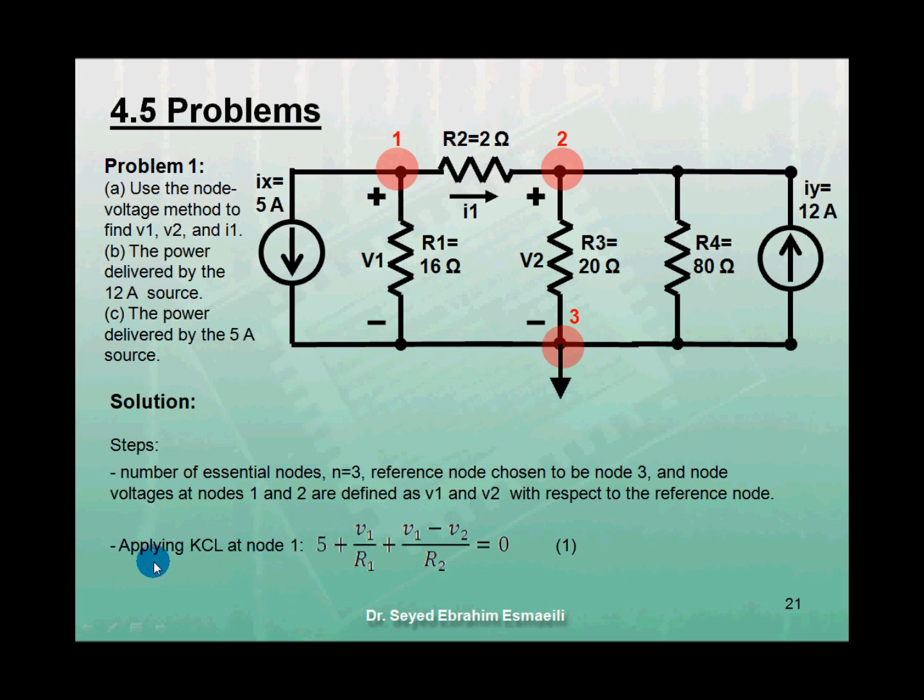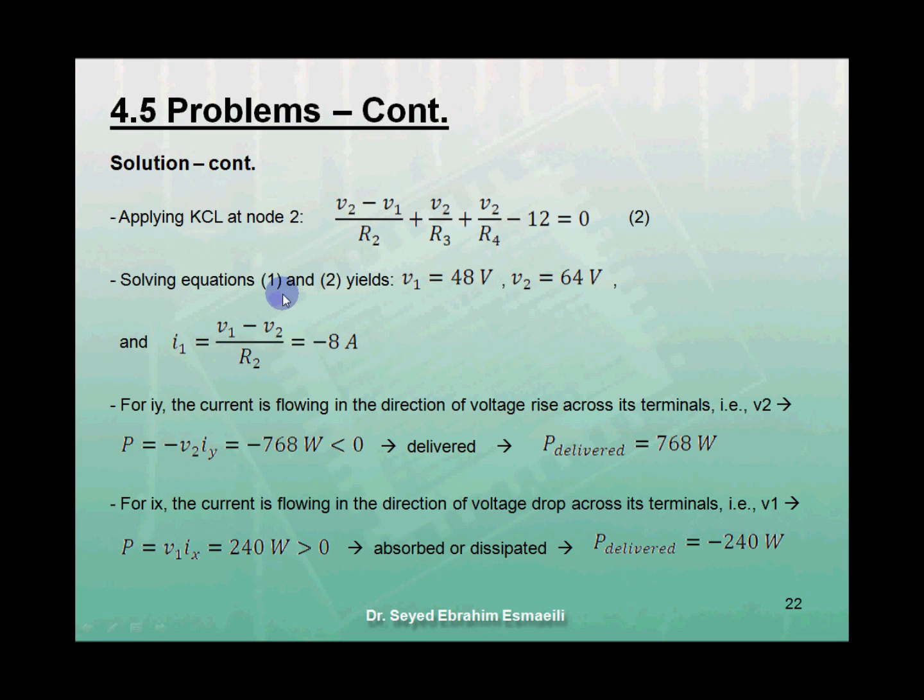By applying KCL at node 1, we get 5 plus V1 over R1 plus (V1 minus V2) over R2 equals 0. Applying KCL at node 2 yields (V2 minus V1) over R2 plus V2 over R3 plus V2 over R4 minus 12 equals 0.